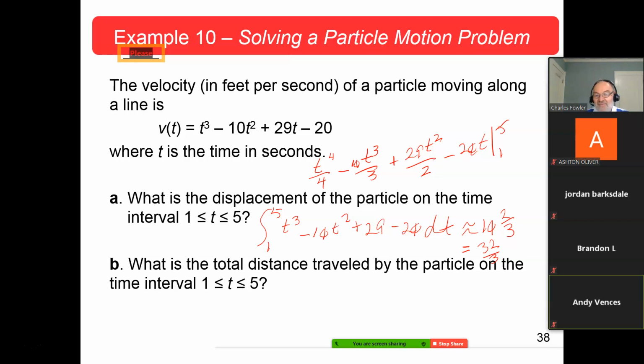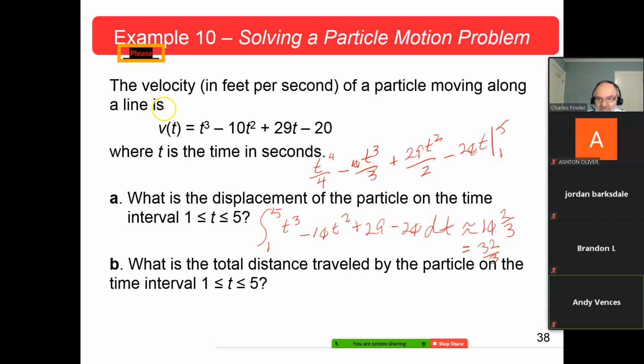Now, the question is does it increase or does it decrease? So let's do t equal 2, just to see what it's doing there. When t is equal to 2, this will be 8 minus 40, so that would be minus 32, plus 58... goodness, I can't even remember what I just said. Let me write it down.